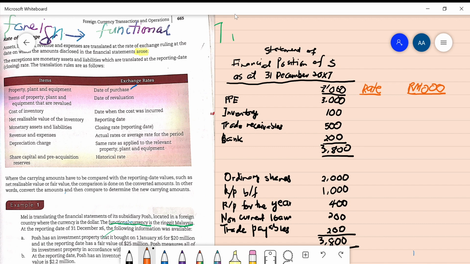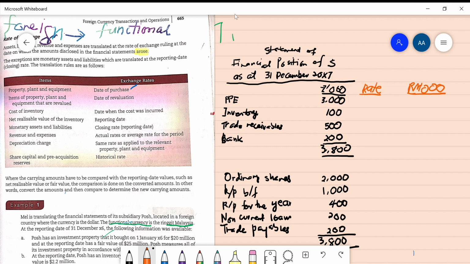The date of purchase of the property, plant and equipment is not stated, but H achieved control of Z at 1st January X7.